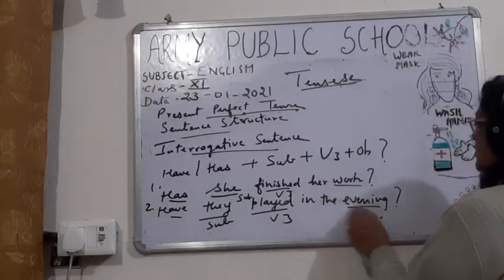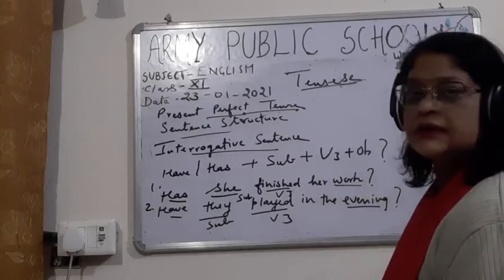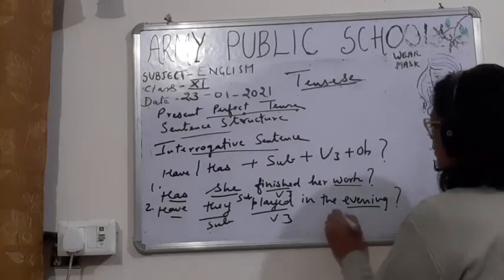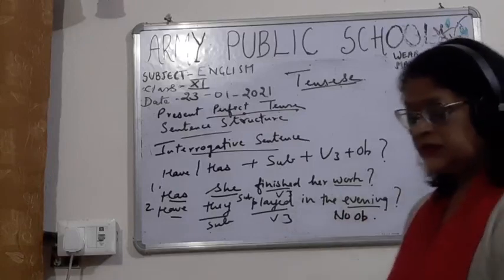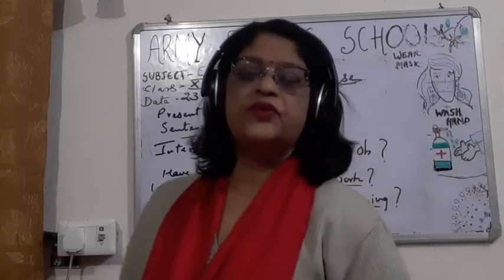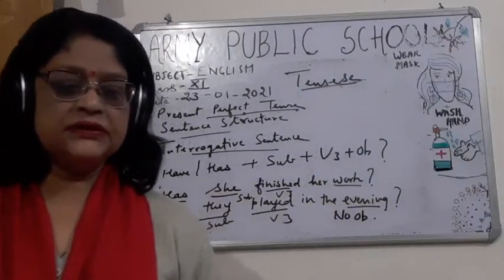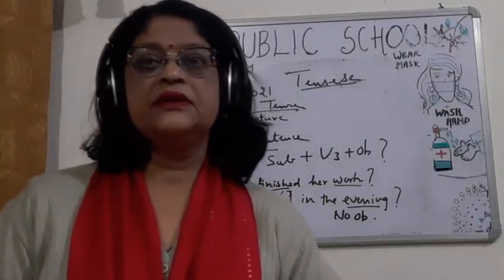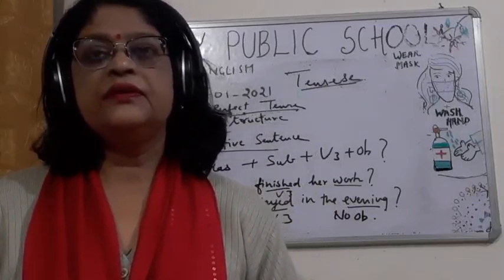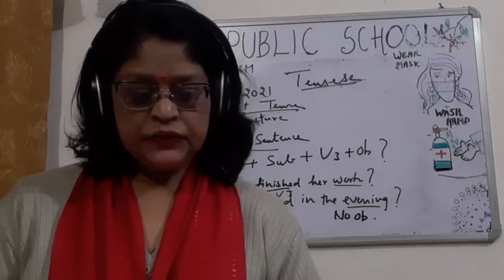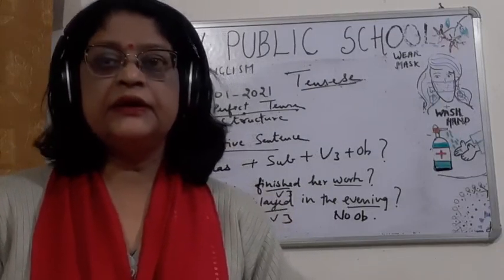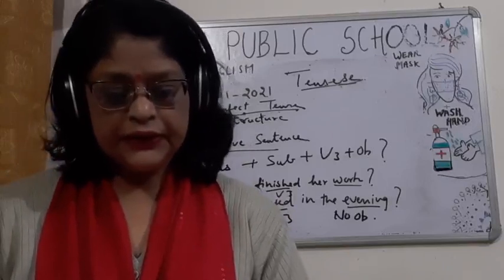What is an object? Yes, I told you, children, object is a noun or a pronoun. So in the evening is neither a noun nor a pronoun. Now, one note I will be dictating and you have to write it.